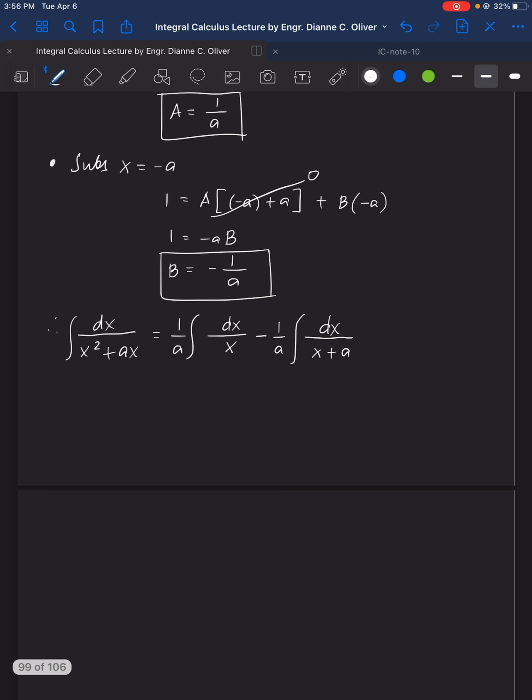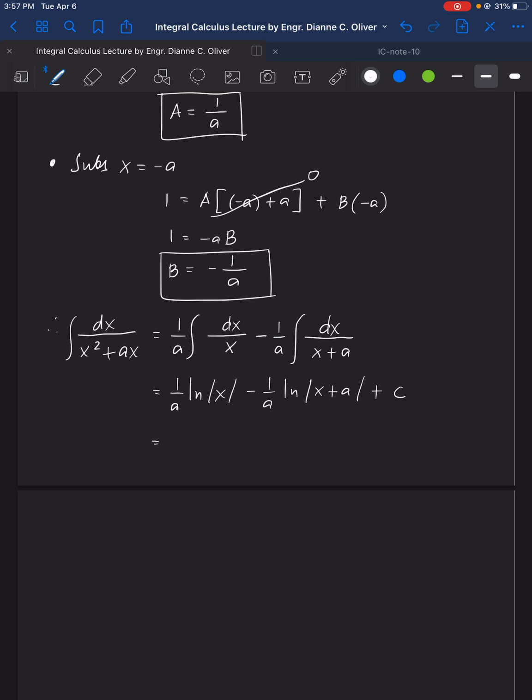Okay, let's integrate. If we derive this, the answer is dx, logarithmic. If we derive this, the answer is again dx, logarithmic again. So that is equal to 1 over a ln of x minus 1 over a ln of x plus a plus c.